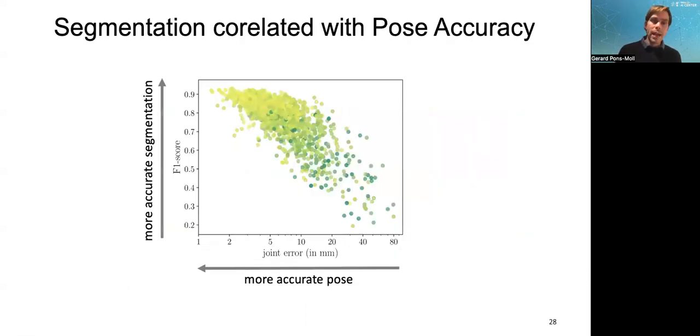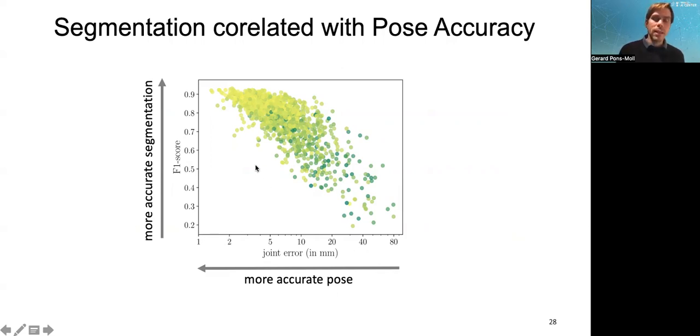So let's look more quantitatively at how this affects. On the y-axis here, it's plotted the accuracy in segmentation, so higher is better, which is the F1 score. 1 is the best you can get, and 0 is the worst. And here's the joint error.